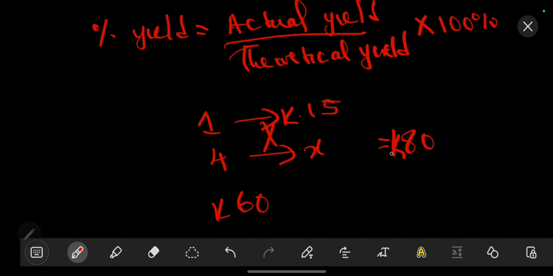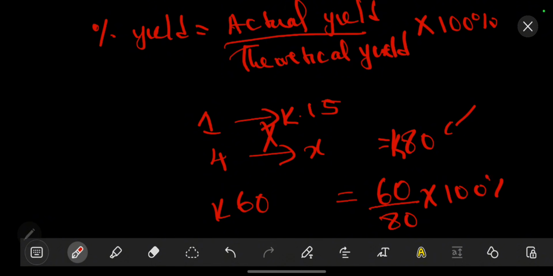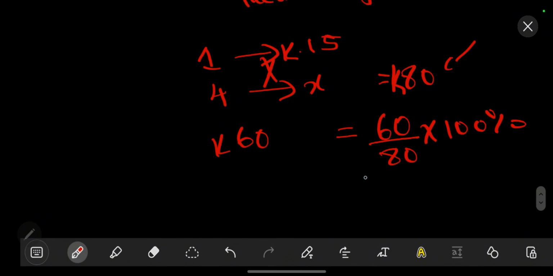That is the amount. So this was the theoretical, the actual was 60. So to find out the percentage yield, you have to divide 60 over your 80 times 100% to find out how much you have yielded from what you expected to have. So this is just 75%.